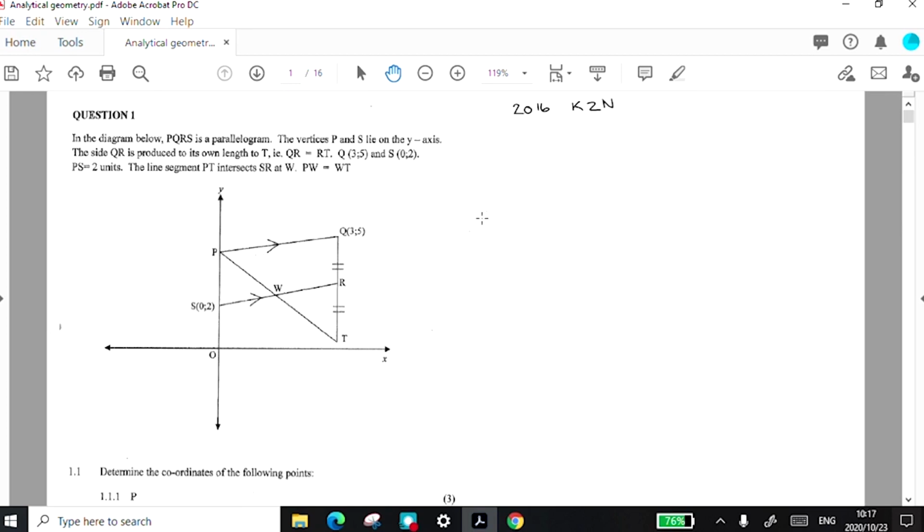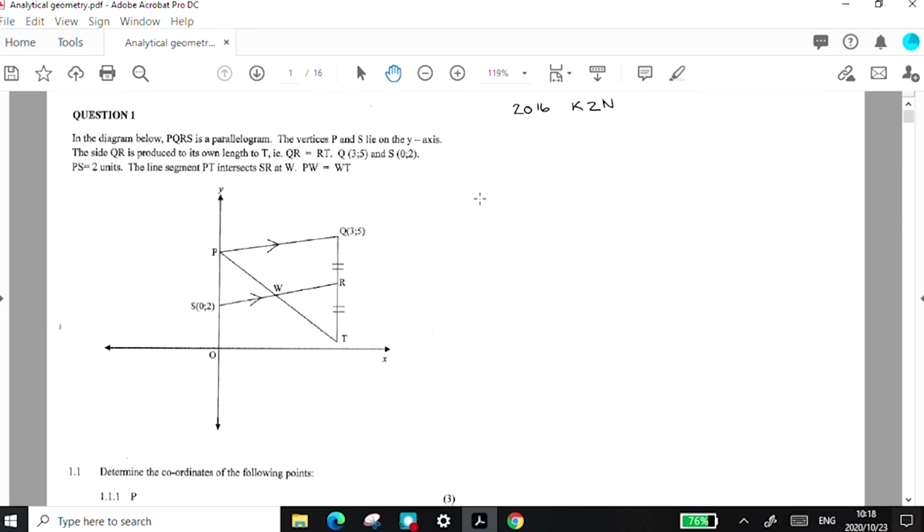In the diagram below, PQRS is a parallelogram. The vertices P and S lie on the y-axis. The side QR is produced to its own length to T. QR is equal to RT.